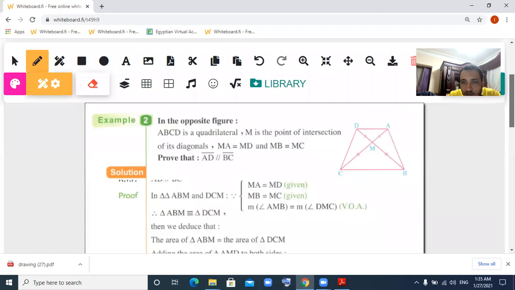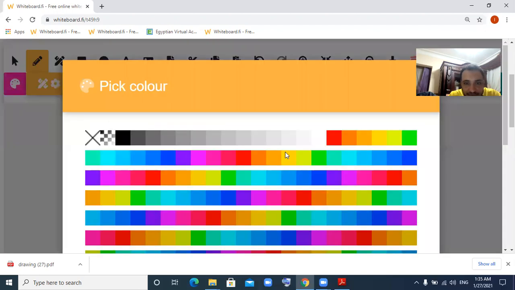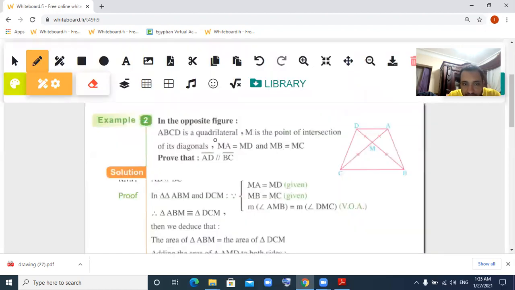Now another question we have here. ABCD is a quadrilateral, a shape consisting of four sides. M is the point of intersection of the two diagonals, AC the first diagonal and DB the second diagonal.